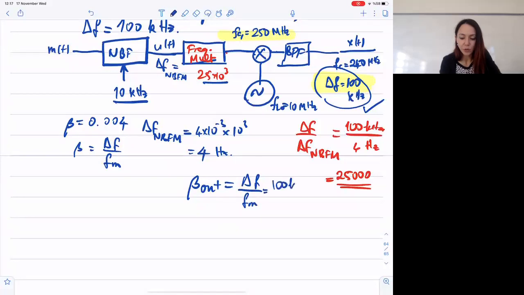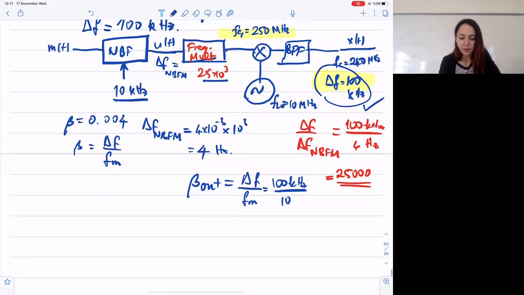And 100 kilohertz divided by 10 to the 3 hertz, which is 100. This is a little bit too wideband, maybe, but for the sake of example, it works. For practical concerns, probably we would start with a larger beta to start with, or use multiple stages.